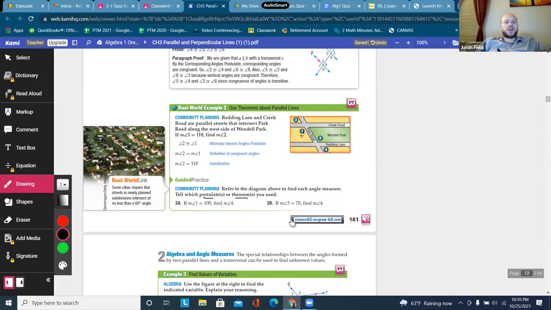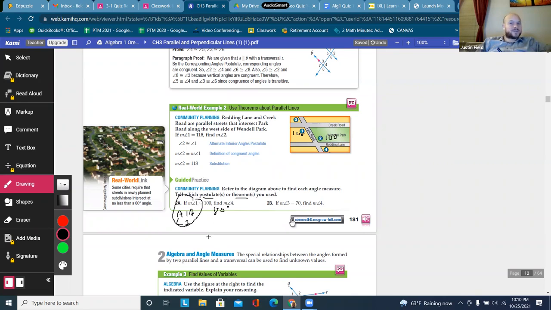But we can determine that angle 1 is going to be 80, right? Well, angle 4 is going to be 80. So how did I do that? Well, I said that angle 1 is congruent to angle 2, and that is by the AIA theorem, because angle 1 and angle 2 are AIAs.